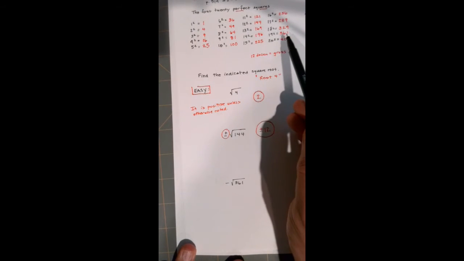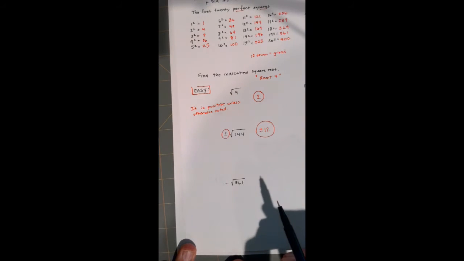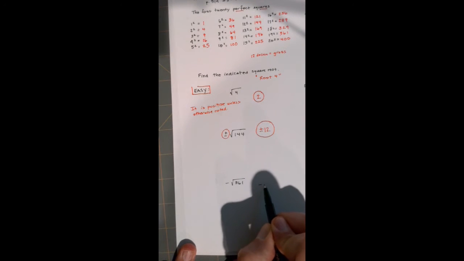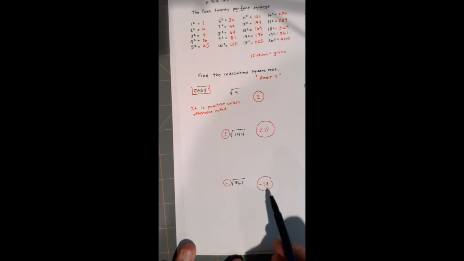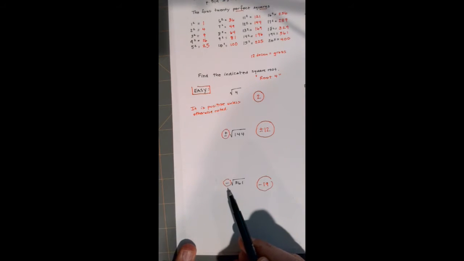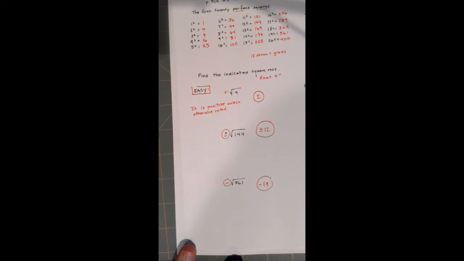But I would suggest up to 20. 361 is 19 squared, so this is going to be minus 19. Now look, again, you're like, oh, it's always positive. No, this one's negative. This one's positive. It's almost like just go with the sign they tell you to put there. So these are easy.